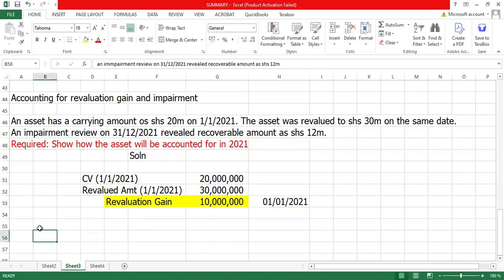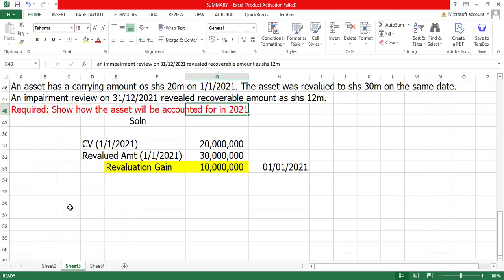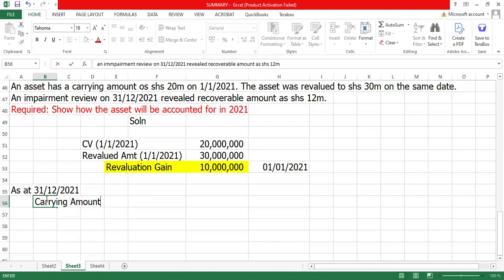Now remember, you want what should be reported in 2021. That is at the end of 2021. In other words, at 31st December 2021, you need to know what will be your carrying amount.